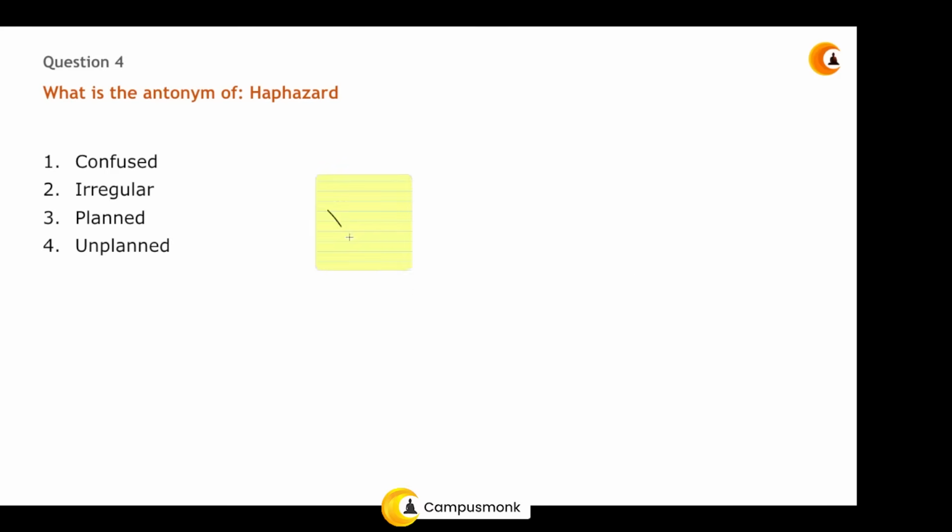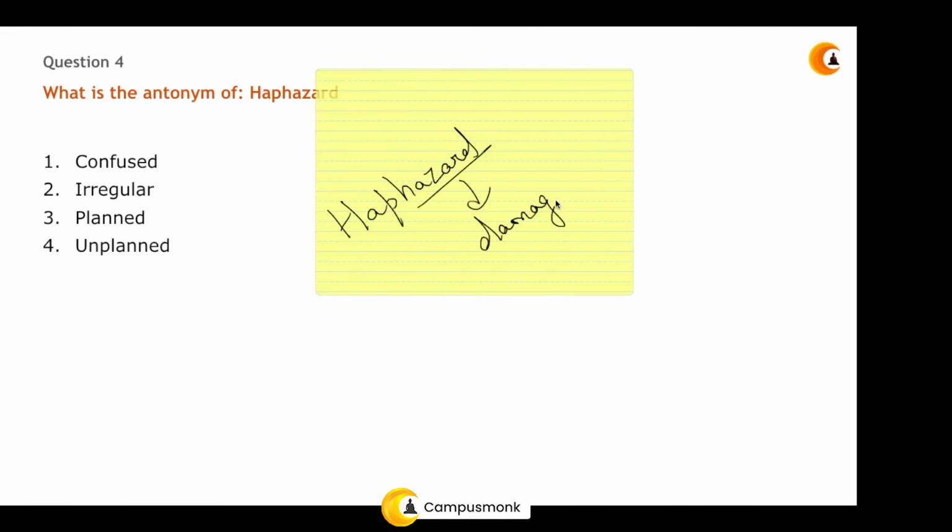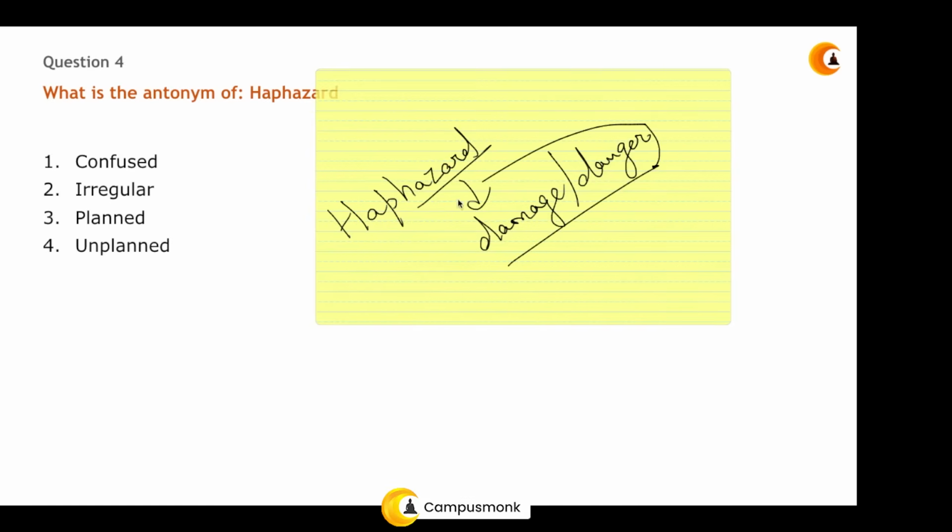Alright, so your time has ended. The word is haphazard. Now the word hazard means damage or danger. The word itself, hazard, means damage or danger. What is this hap doing here? This means it is somewhere half damaged or half danger.